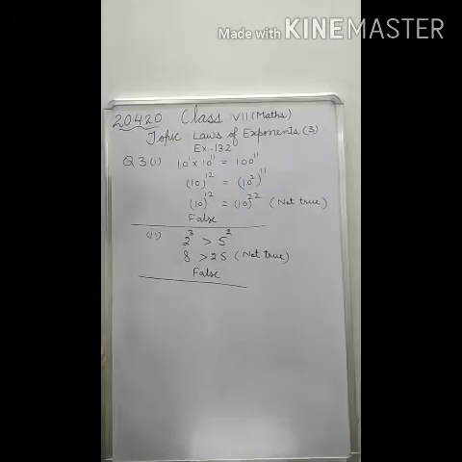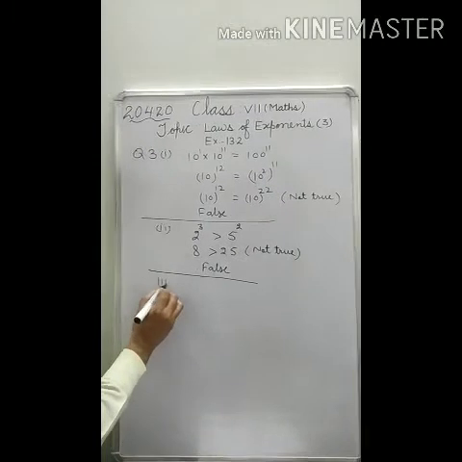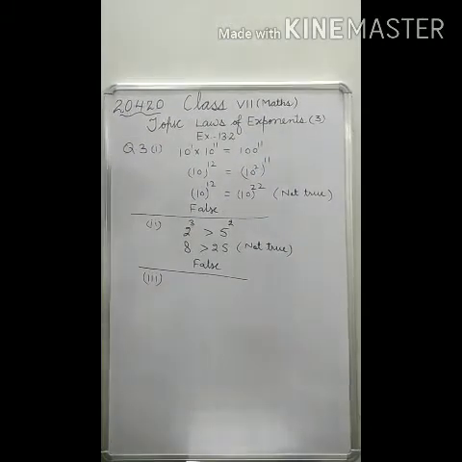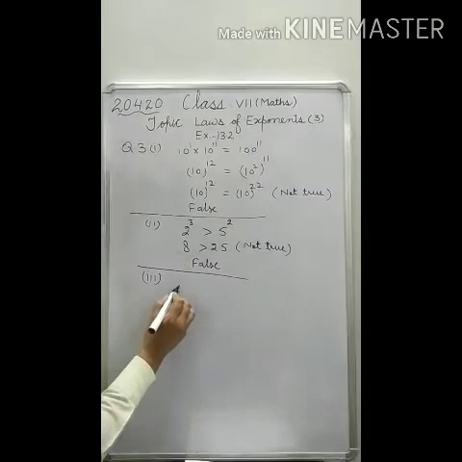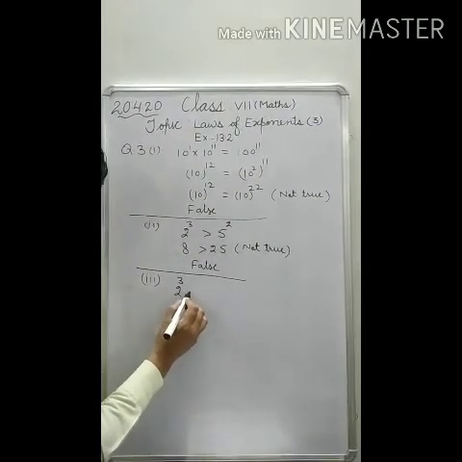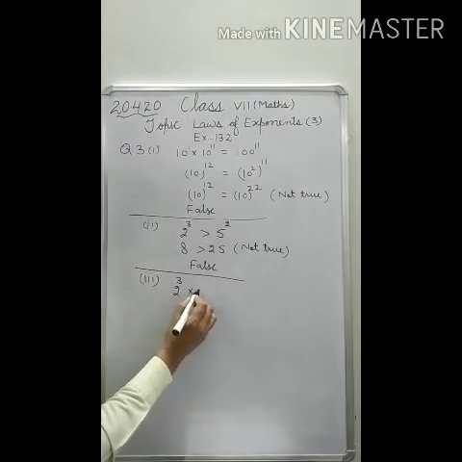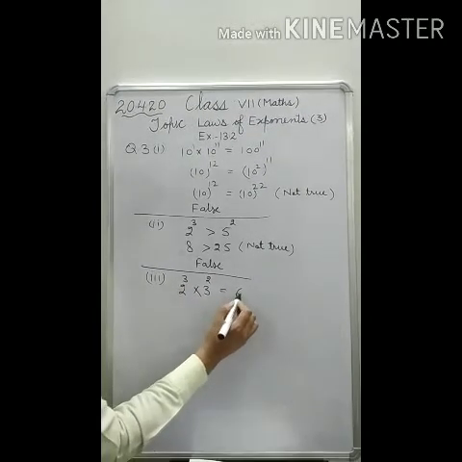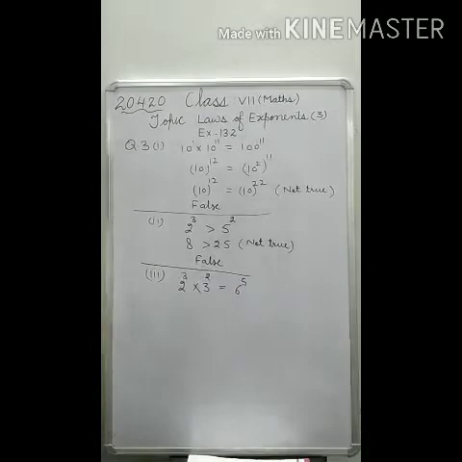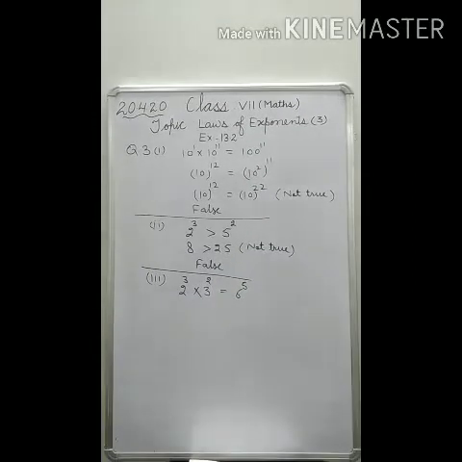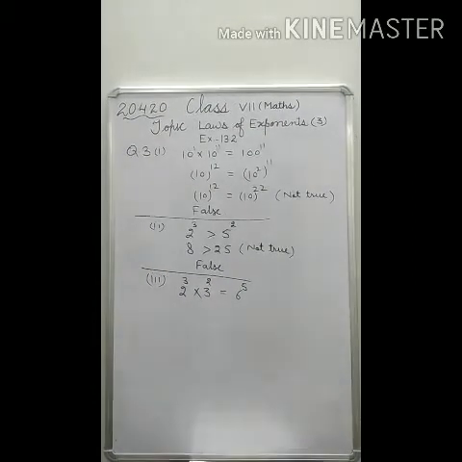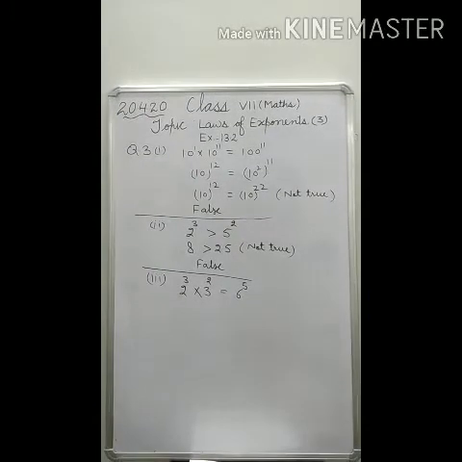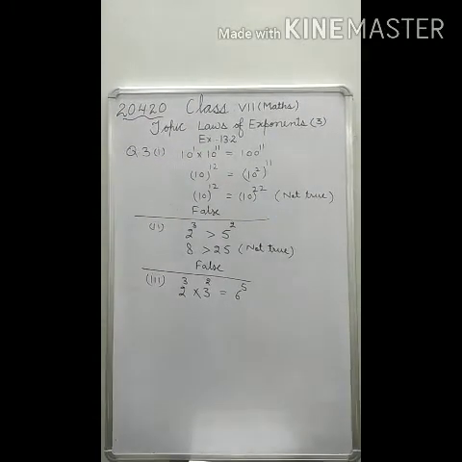Now students, move to the third part. In this third part, we are given 2 raised to the power 3 multiplied by 3 raised to the power 2 is equal to 6 raised to the power 5. So we have to solve whether this statement is true or false. Students, see the left hand side.